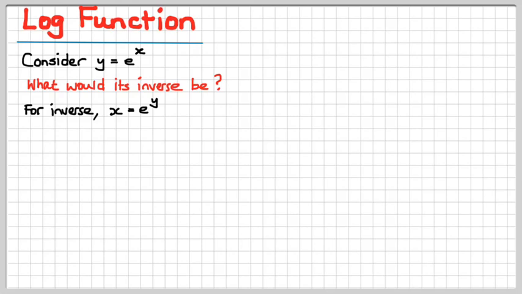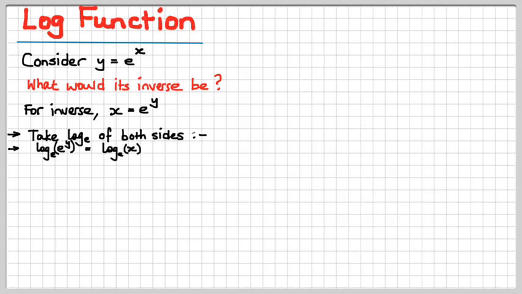Now all we've got to do is make y the subject to get an answer in the form that we are used to. So we take the log of both sides because y is in the exponent. That's the only way we can sort that out. So we say, let's take the log of e to the y and equate that as equal to the log of x. Now, we're going to take that little y out of the exponent on the left-hand side and shoot it out the front.